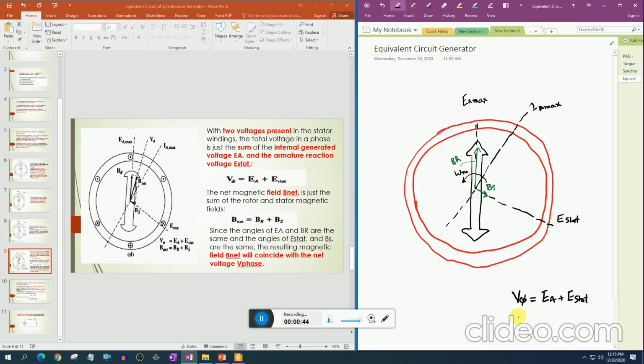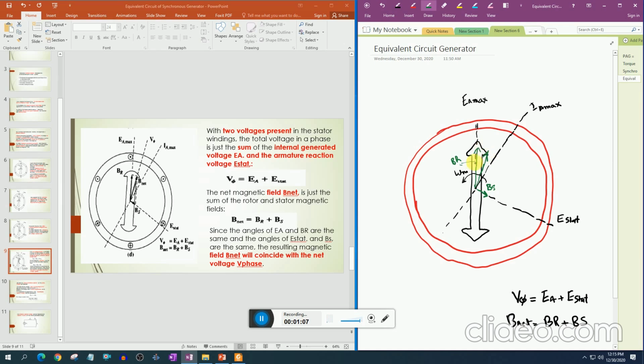Similarly, B net will be the vector sum of the rotor magnetic field and the stator magnetic field, and it can be drawn here as the vector sum. So if we add these two, it looks like this.